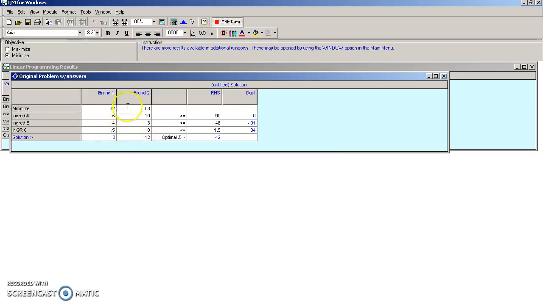Yeah, of course, right at the end. Let's see where I made my mistake. 5 and 10. 4 and 3. 0.5 and 0. And our solution is 3 and 12. But it should be 8.4 and 4.8 ounces. So I do seem to have a problem with it. Where it is, I'm not quite sure.